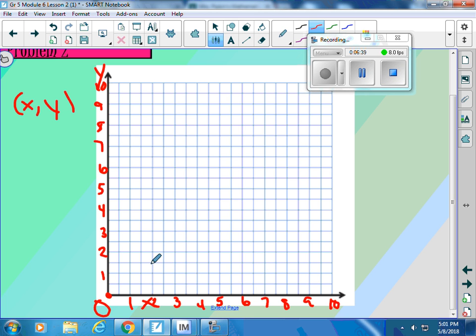All right, so I gotta do some thinking here. What if I put a square right here on my graph?